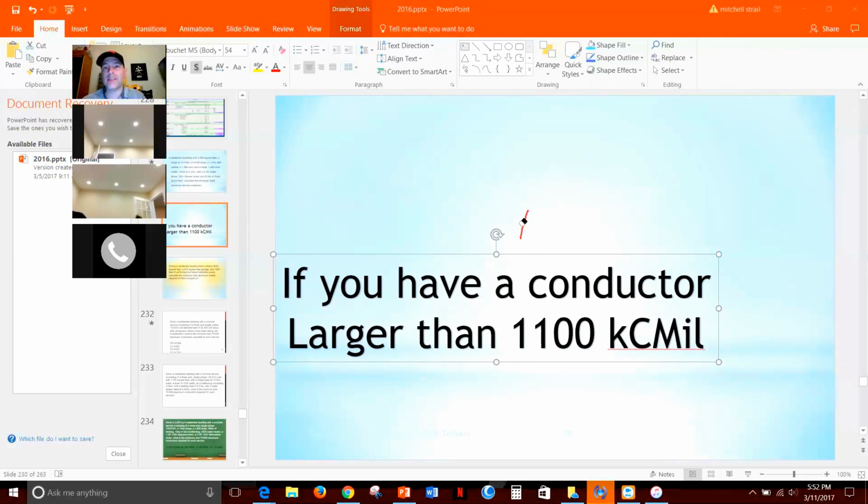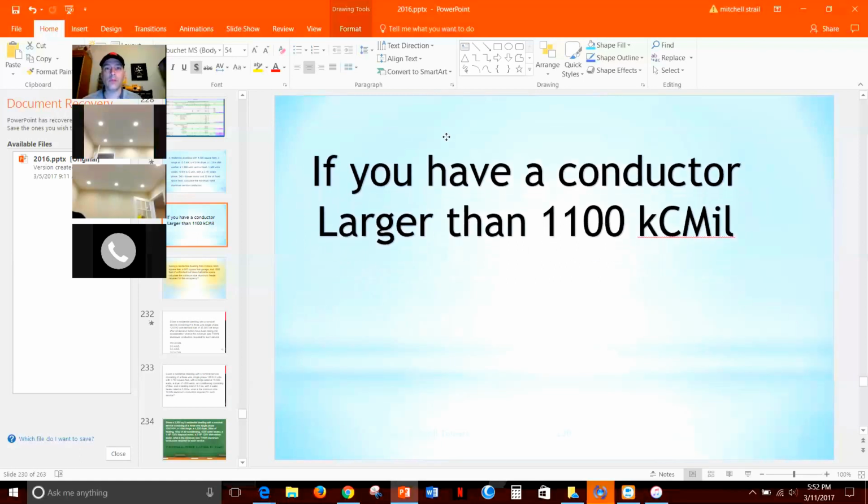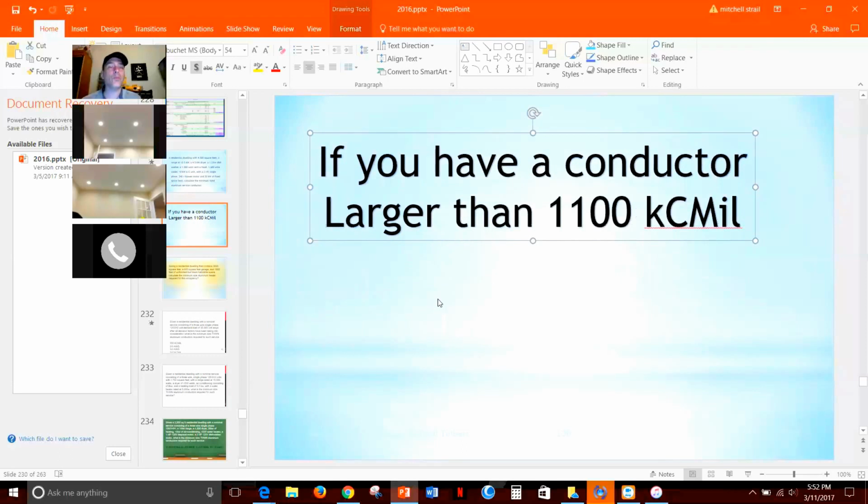The problem is that we were using this table for also sizing our minimum neutral conductor size, because it was the only table that we had. So if you go and look at note 1 at the bottom, note 1 has to do with parallel sets of conductors on 250.66. There's some math that we're going to do, and I'm going to explain all that to you here in a minute.